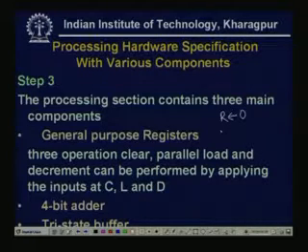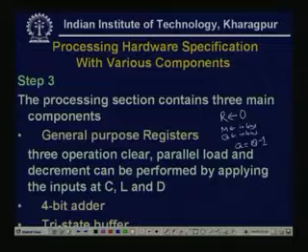Parallel load is M is in bus and Q is in bus, that is, the multiplicand and multiplier should be loaded. Another is decrement, Q is Q minus 1. So, these 3 operations are performed by applying the inputs at C, L and D.